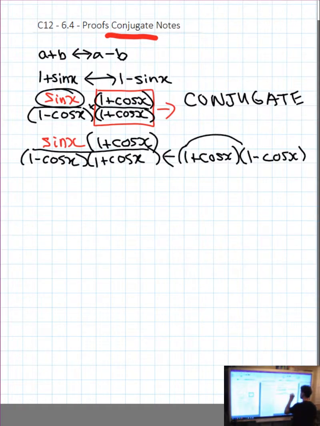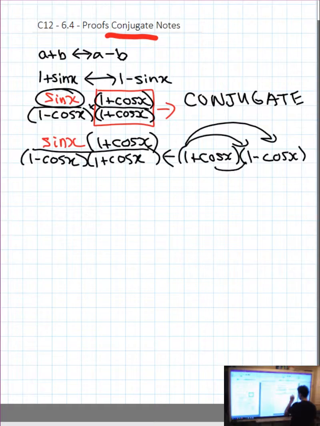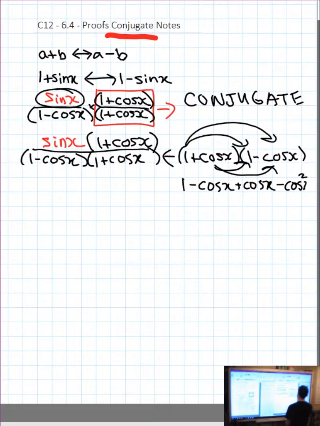And if I multiply the first by the first, and the first by the last, and so on, FOIL: first, insides, outsides, last. 1 times 1 is 1. 1 times negative cos is negative cos x, obviously. Positive cos x times 1 is positive cos x. And positive cos times negative cos is negative cos squared x.